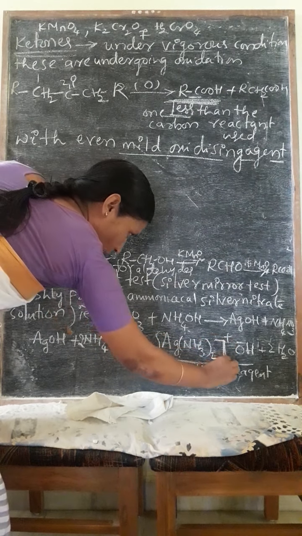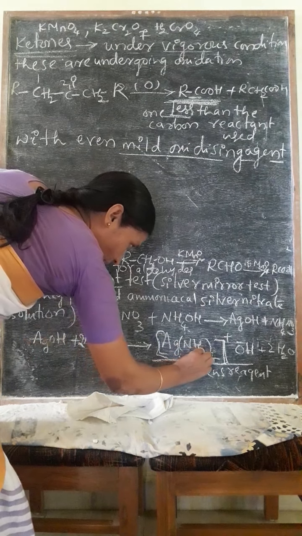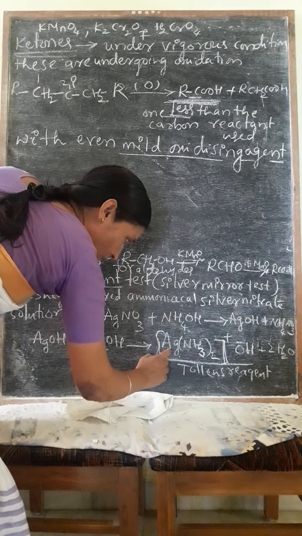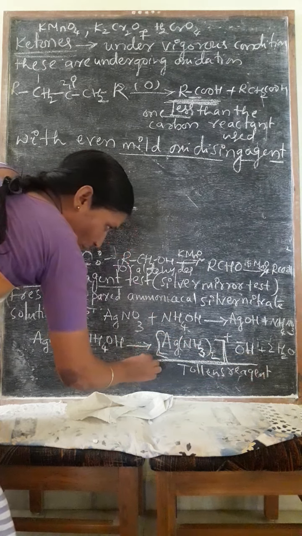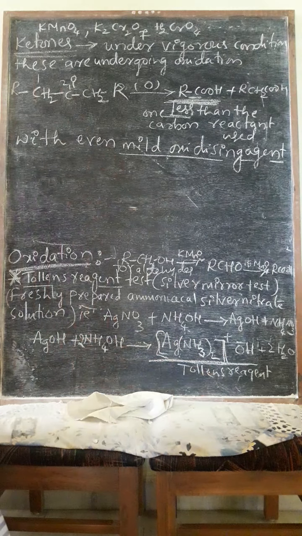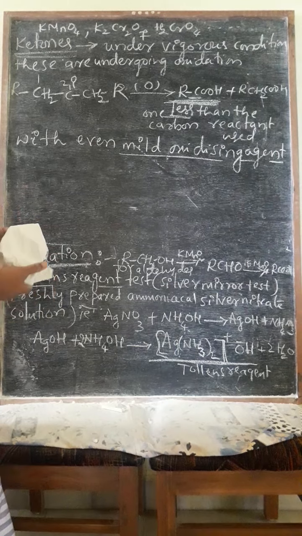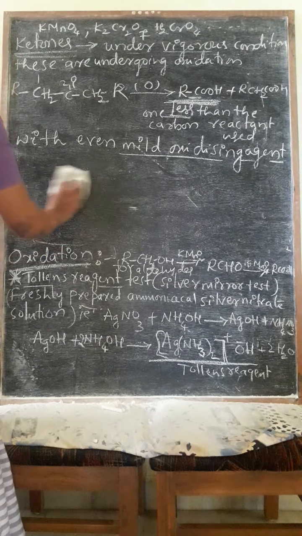This is a soluble complex. Here the silver is Ag plus. Now this complete formula is known as Tollens reagent. How does this Tollens reagent oxidize aldehydes to carboxylic acids? Let me represent.